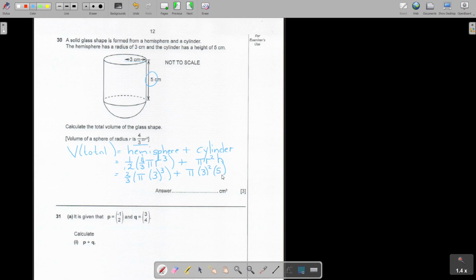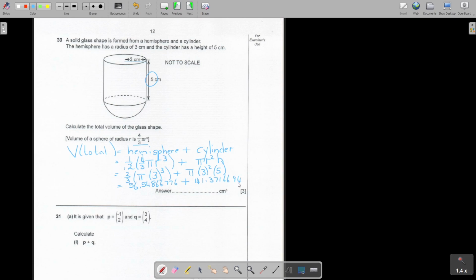Now, you can press everything on the calculator, but sometimes you make mistakes. What I did is I first pressed this and I got 56.548667776, don't approximate. And I got 141.3716694.